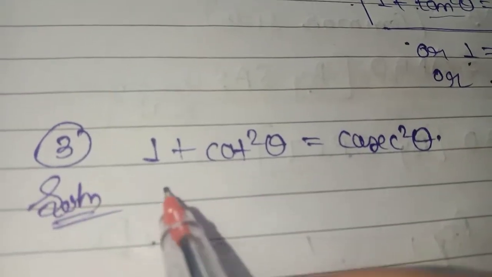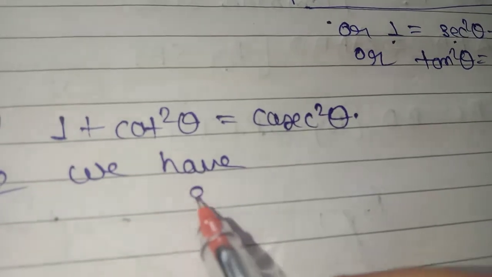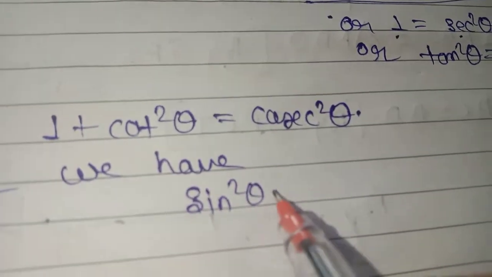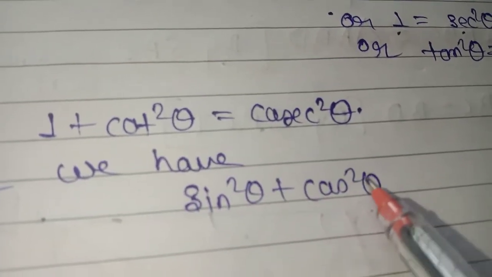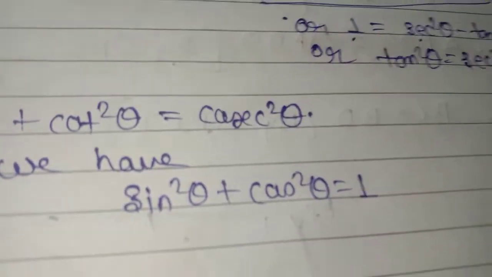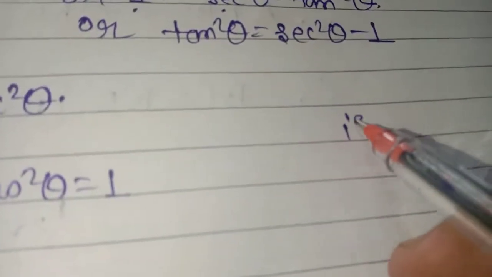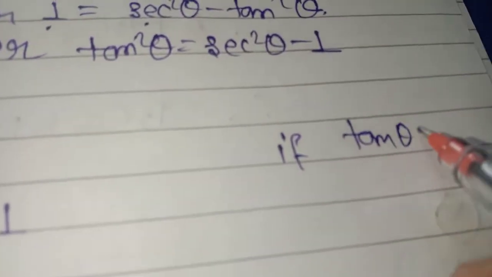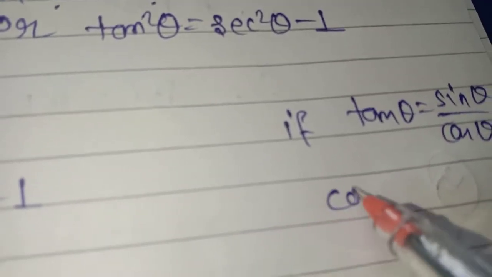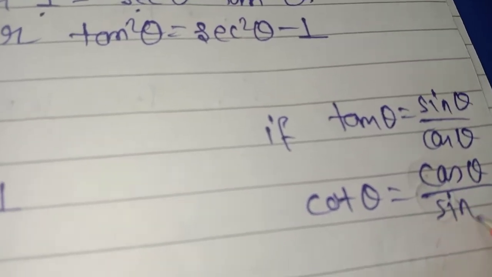In the solution write down, we have sin square theta plus cos square theta is equal to 1. So what we know is that if tan theta is sin theta upon cos theta, so what is cot theta? It is the inverse of tan. Surely it is cos theta upon sin theta.